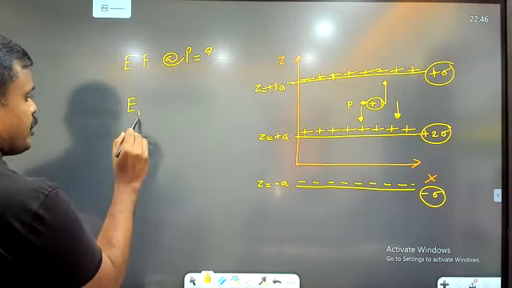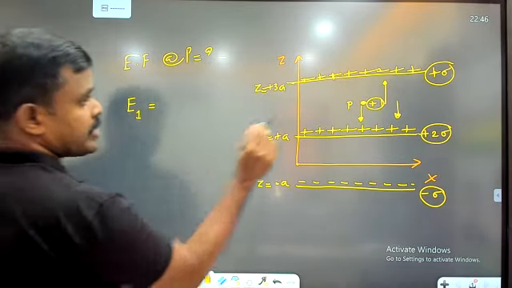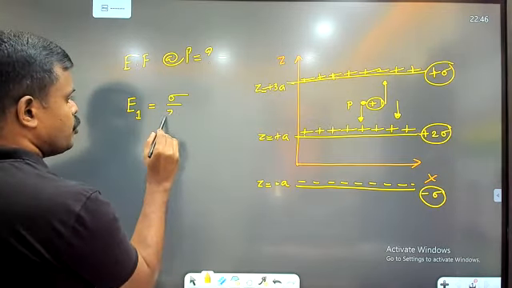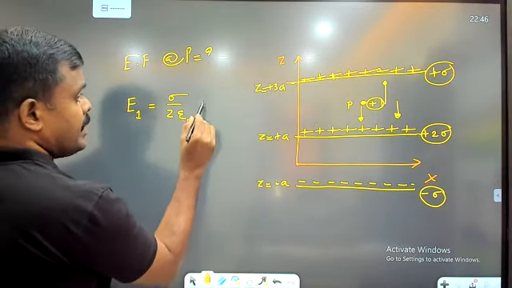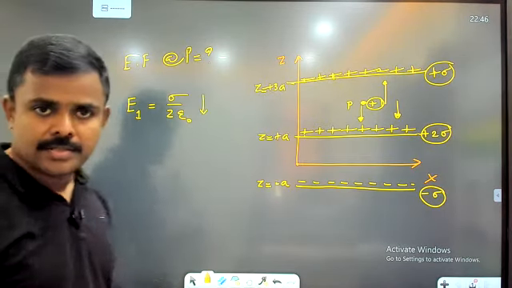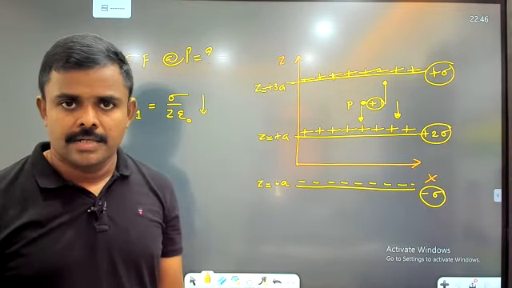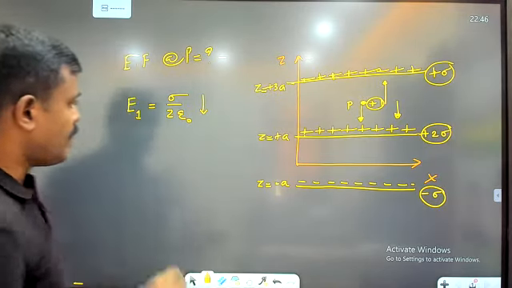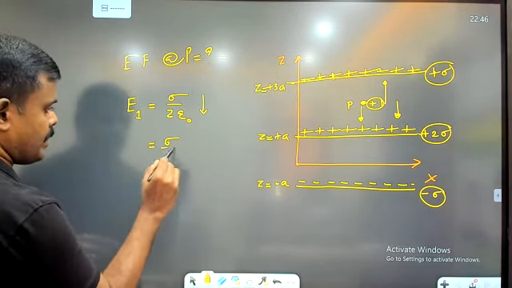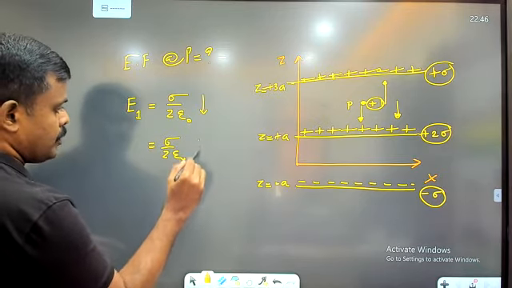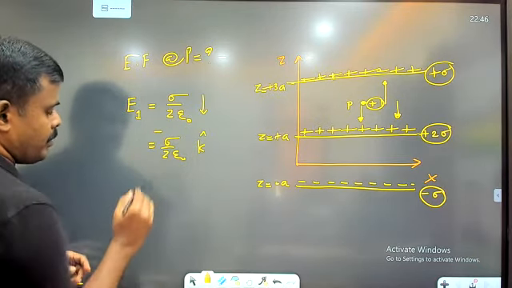What is the electric field due to the first sheet? It is sigma by 2 epsilon 0 in the downward direction. So I'll write it once more: sigma by 2 epsilon 0 into minus k cap. Why minus k cap?